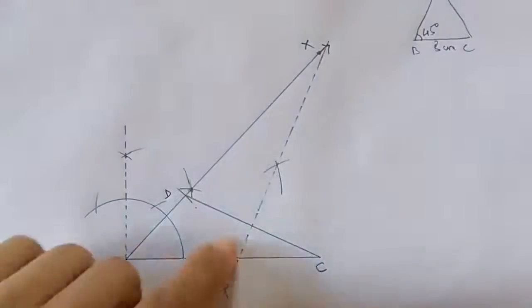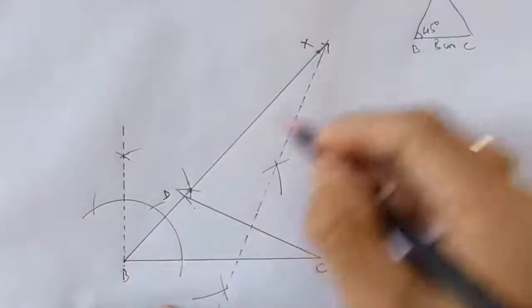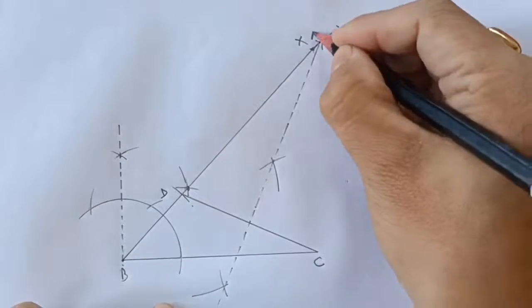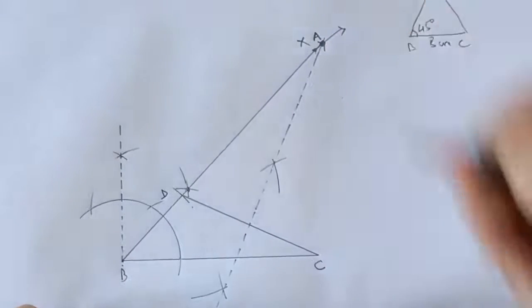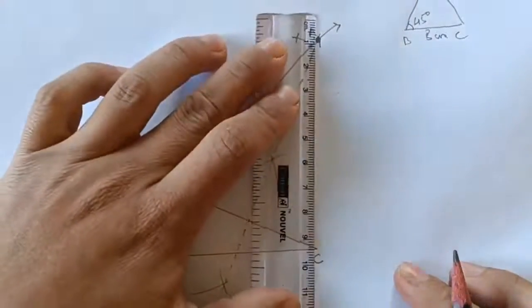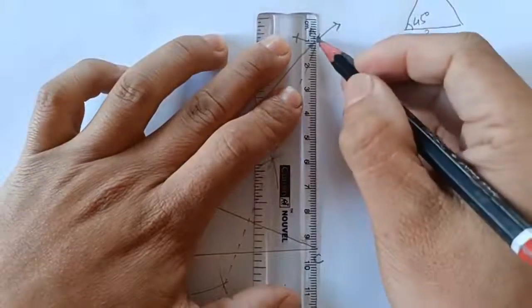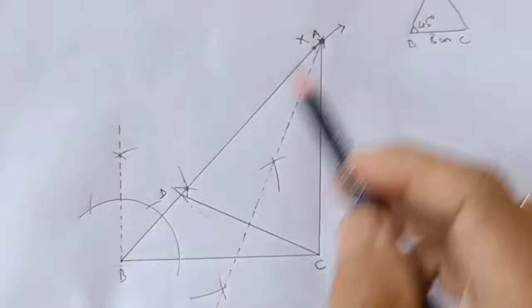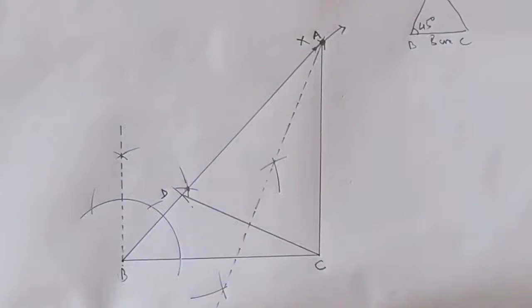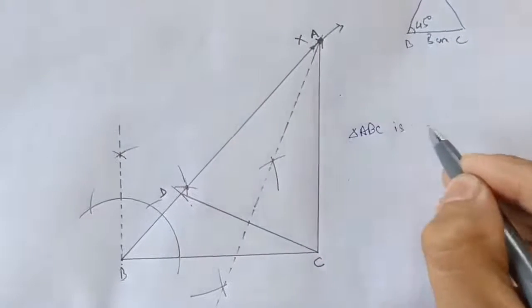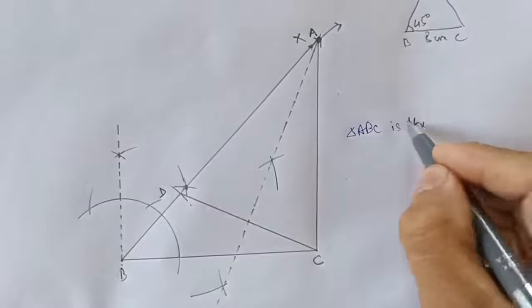Now join AC. Then triangle ABC will be our required triangle.